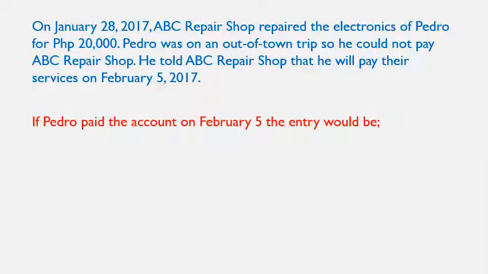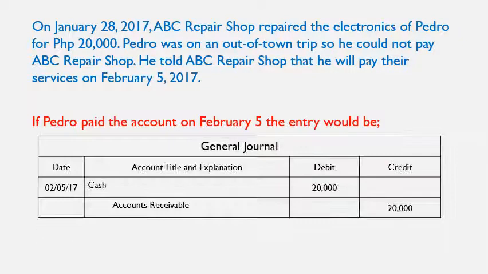Okay, what if Pedro paid the account on February 5? So, kapag nagbayad na si Pedro on February 5, the entry would be debit cash, credit accounts receivable. So, simple lang. When we say accrued income, these are the receivables or these are the accounts receivables.